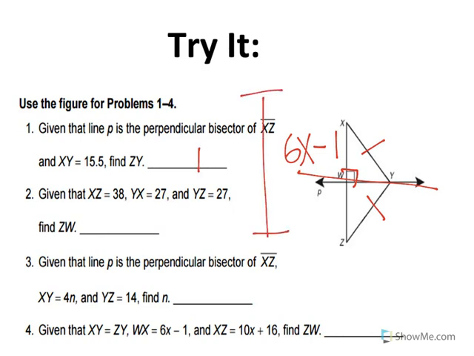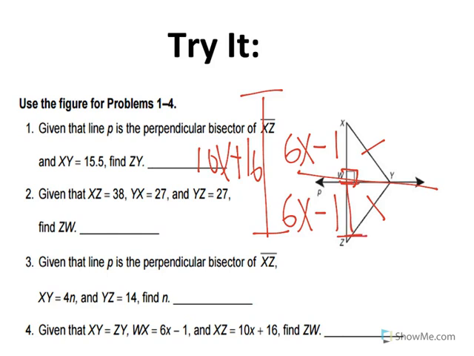If XW is 6x minus 1, then WZ is also 6x minus 1. We are to find the distance from W to Z, so we're looking for this segment here.